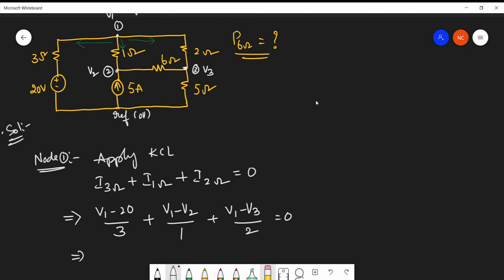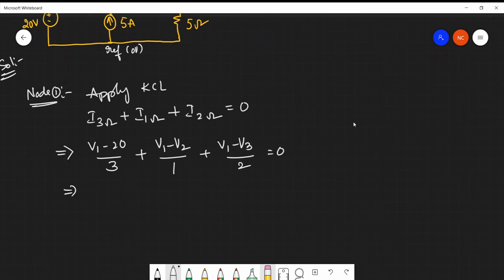So the equation will be 1.83 V1 minus V2 minus 0.5 V3 equal to 6.67.